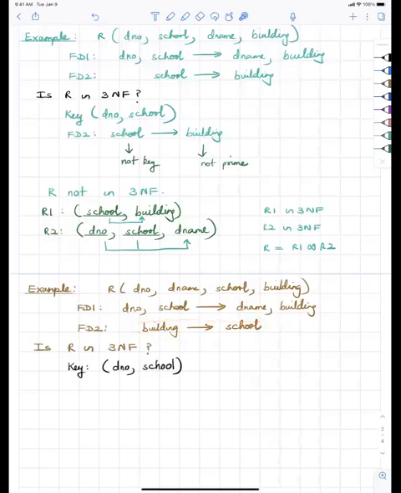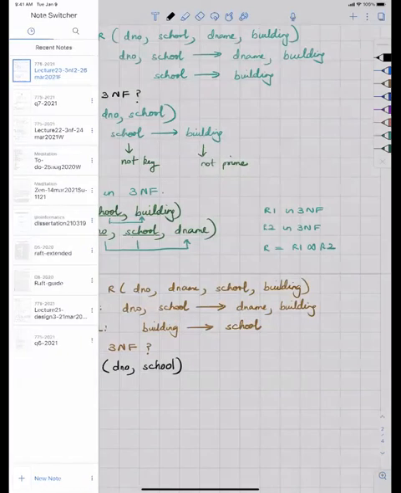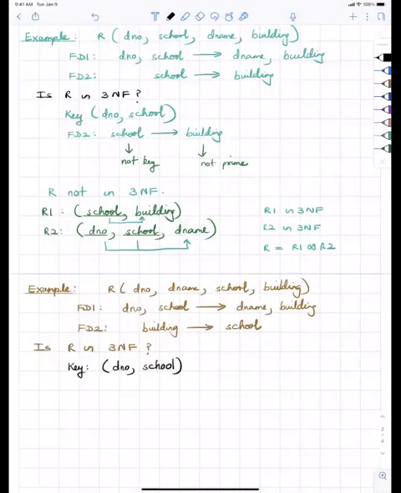Remember, in the last class, or in a previous lecture, we had this rule: if A determines B and B determines C, then A determines C. It was the transitive property.